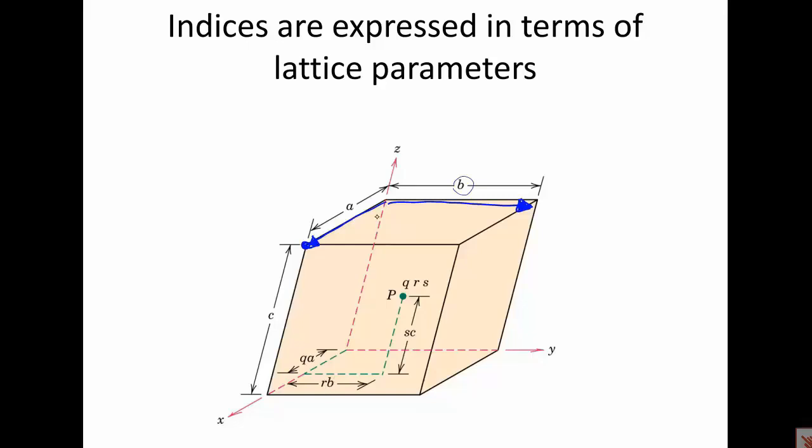Similarly, in the z direction, if I make one step in that direction, I will be moving in the z direction by a quantity equal to the length of the c-axis. So we can use this as a coordinate system, where the unit of each displacement is equal to the lattice parameter.